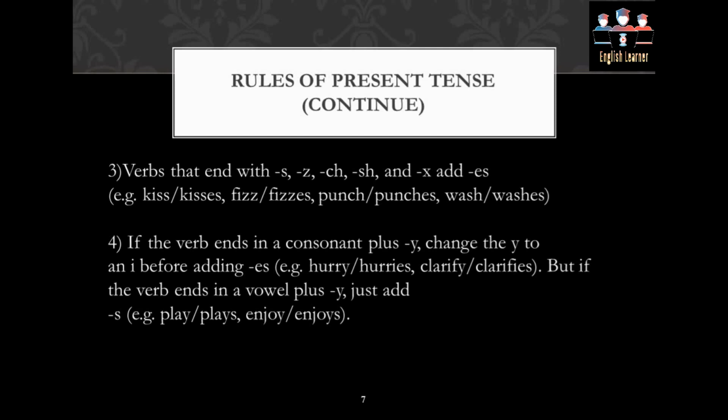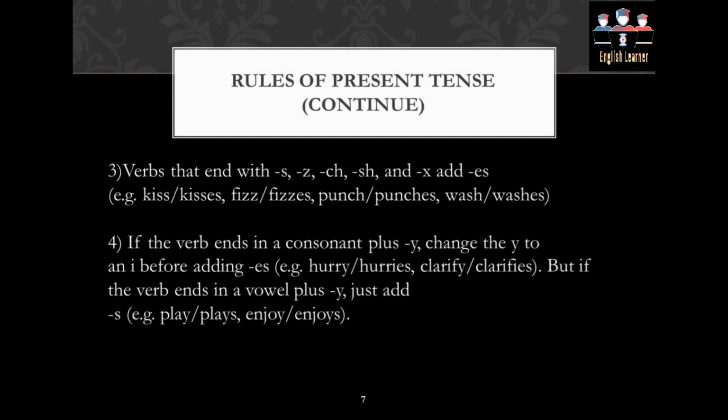It will become fizzes. Punch, it is ending with ch, and we have to simply add es at the end of it. It will become punches. Wash, it is ending with sh, and we have to simply add es at the end of it. It will become washes.